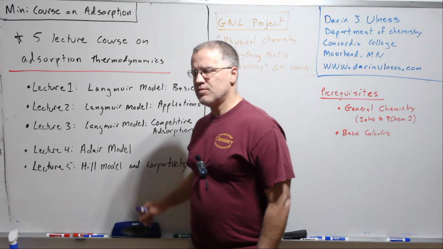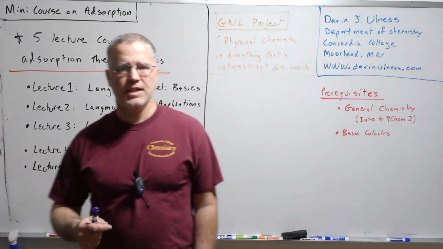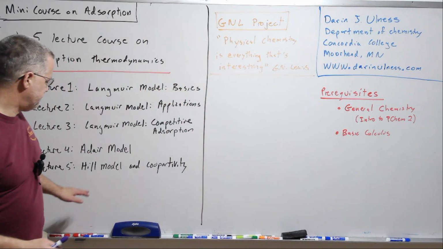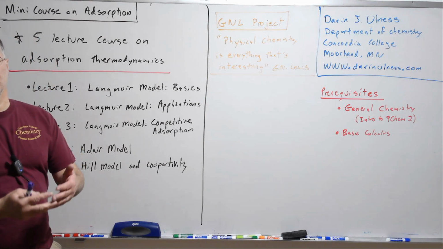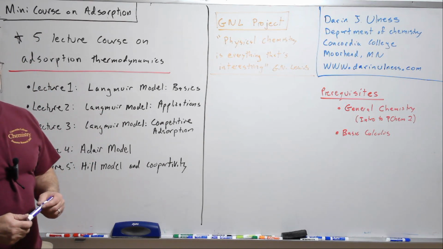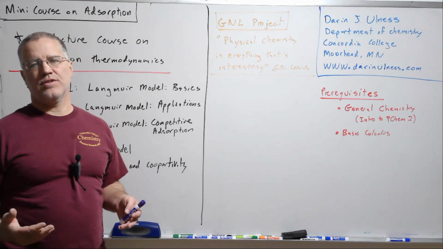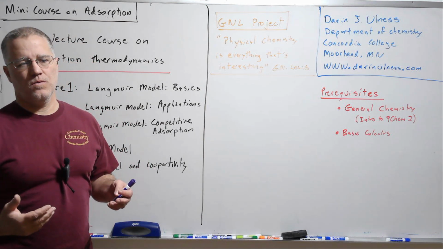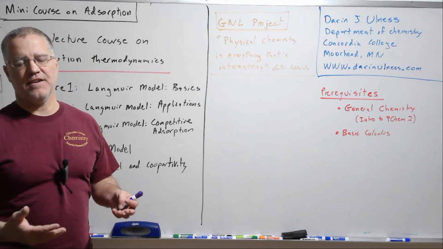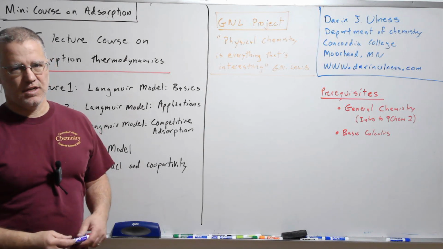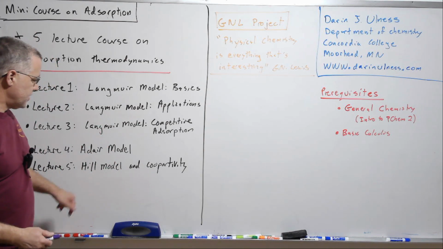Then the Hill model is more of an empirical model, and it has this Hill parameter, an empirical parameter that captures the net effect of cooperativity or anti-cooperativity.